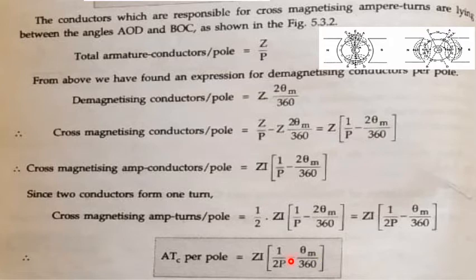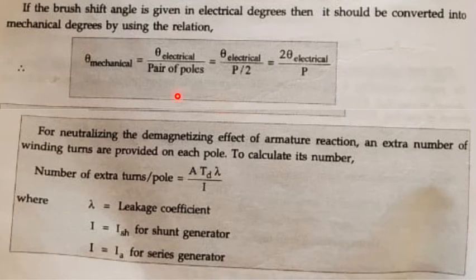Now this is about the demagnetizing ampere turns per pole and cross magnetizing ampere turns per pole. If the brush shift angle is given in electrical degrees, then it should be converted into mechanical degrees using a relation.